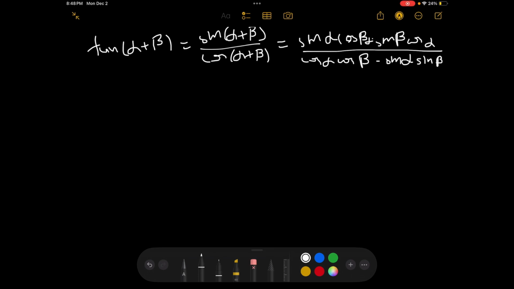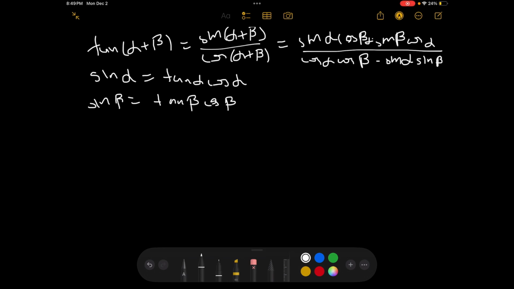So we can do this by writing sine of alpha as tangent of alpha times cosine of alpha, since we're just multiplying the definition of tangent by cosine on both sides. And similarly, sine of beta is equal to tangent of beta times cosine of beta. So we can just plug these in.